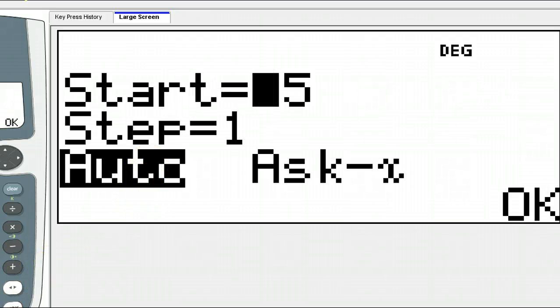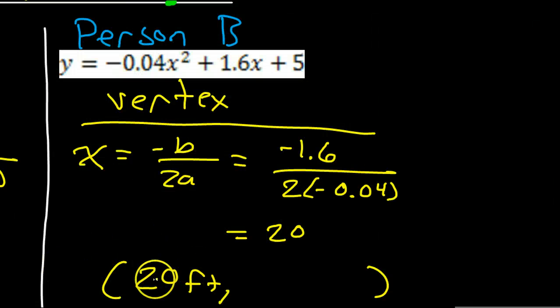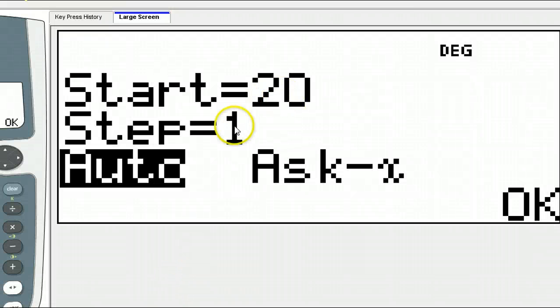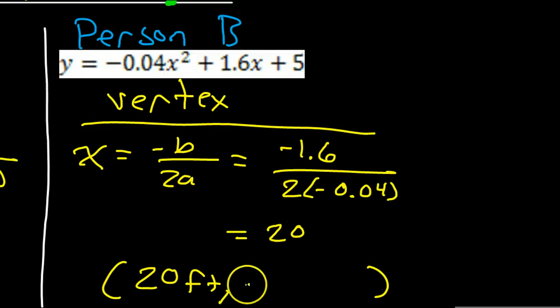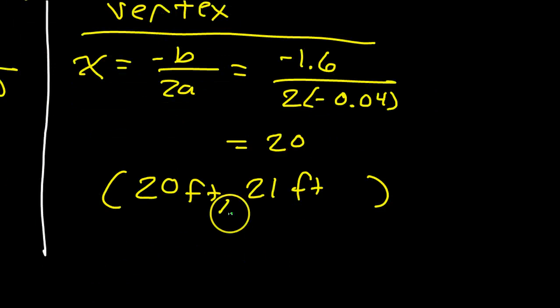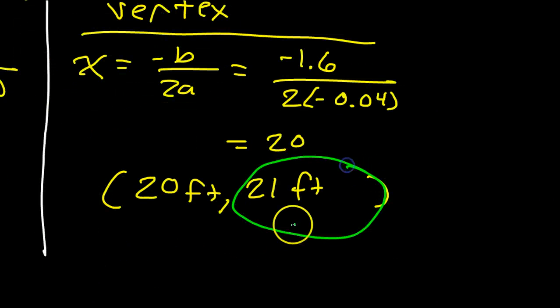Okay, and this time we want to see the height that goes with the horizontal distance of 20. So I'm going to start at 20. So at a horizontal distance of 20 feet, we're at a height of 21 feet. Okay, so that is the maximum height for contestant B.